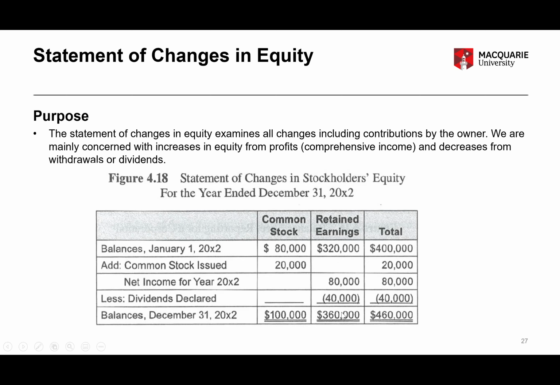Then we can add those together, and that would give us our total equity at the end. So this has to match the balance sheet at the beginning and the balance sheet at the end. So there's another link there, and this explains the changes in the equity from one period to the next.